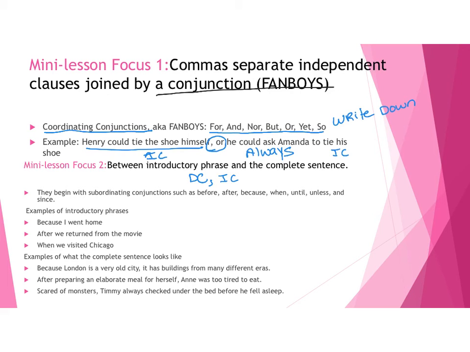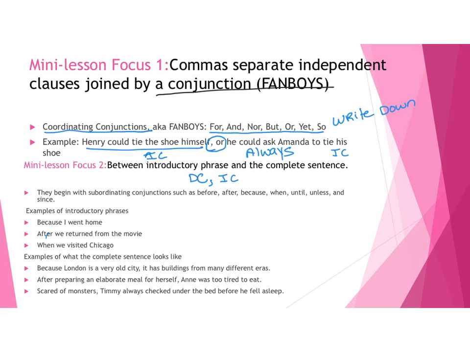And that's how it looks in a sentence. And there are different phrases you may hear for your dependent clause. Dependent clause, introductory phrase, whatever it is, it's punctuated the same. Okay?